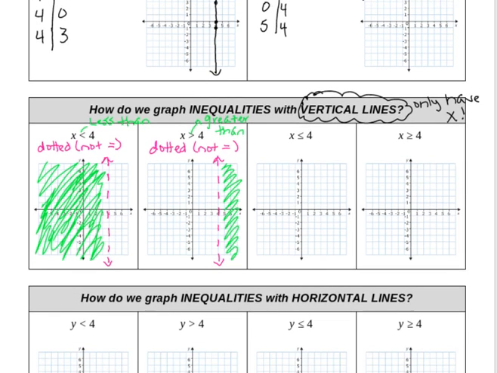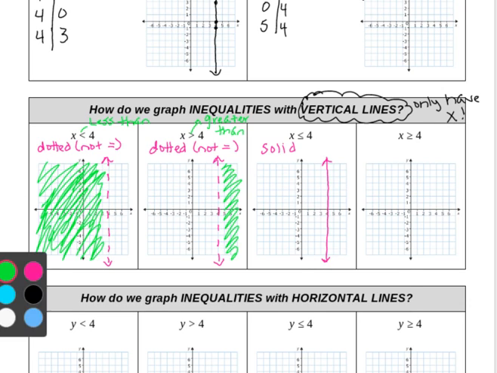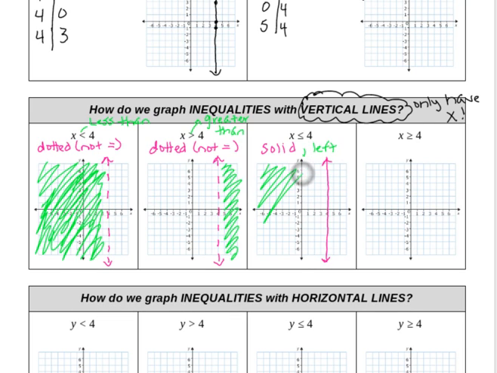The third one says x is less than or equal to, so this is going to be solid. At x equals 4, so at 4 we're going to draw a solid vertical line. And this is a less than symbol, so we're going to shade to the left because we want to be smaller than it.